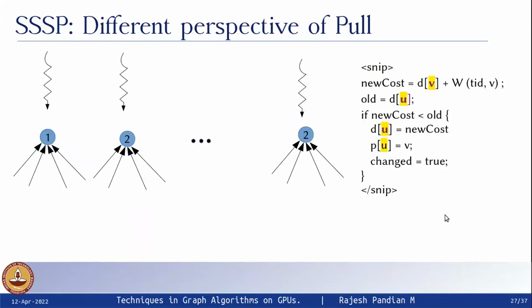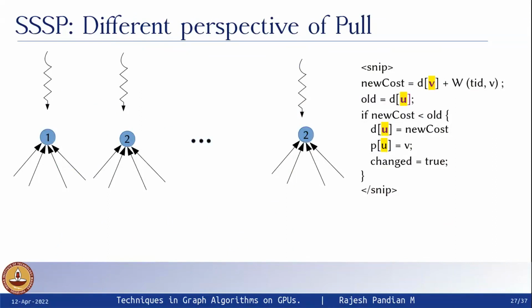As I said earlier, there is a problem with updating parent here, right? So there is one other variant which we can do. We have been pushing the data from a particular node to its neighbors, right?